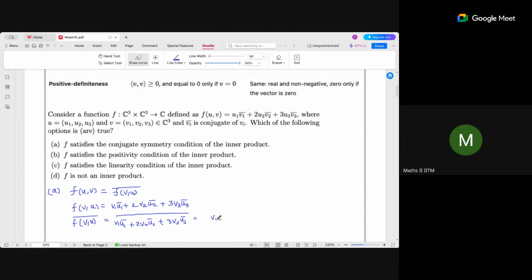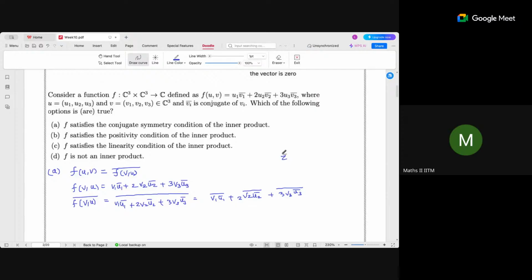Now inside the conjugate, we can split the terms. What is the conjugate of a conjugate? Z bar, again bar, is equal to Z. Using that, we get v1 bar u1, then 2 v2 bar u2, and then 3 v3 bar u3.